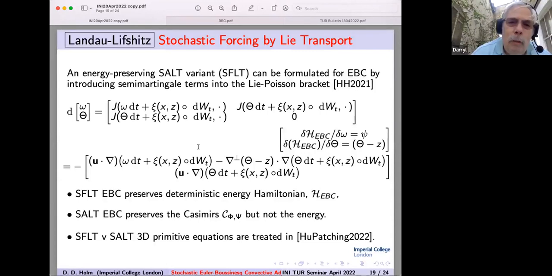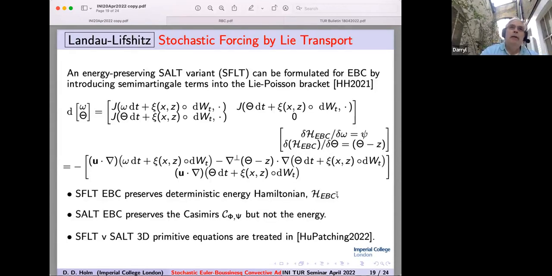There was some question about how you could make the stochastic flow preserve the energy. And he said, well, look, this J operator is skew symmetric. The original energy will be preserved and it'll be stochastic if the Poisson bracket is stochastic. And here it is, that's what you get from that.